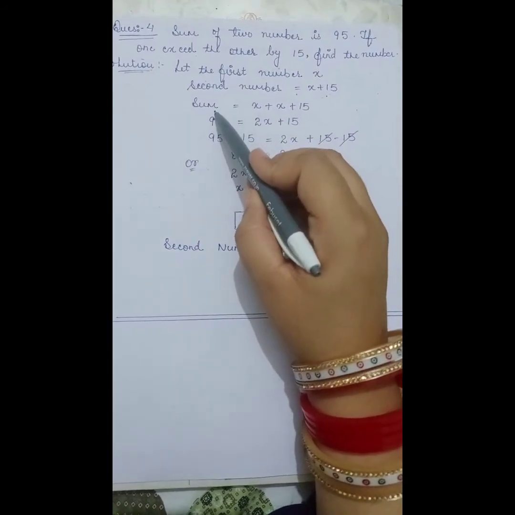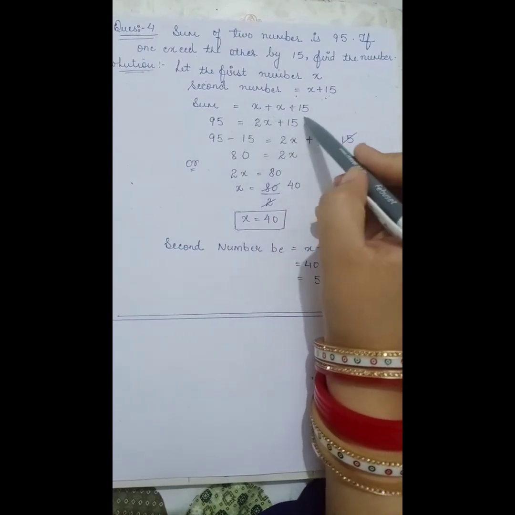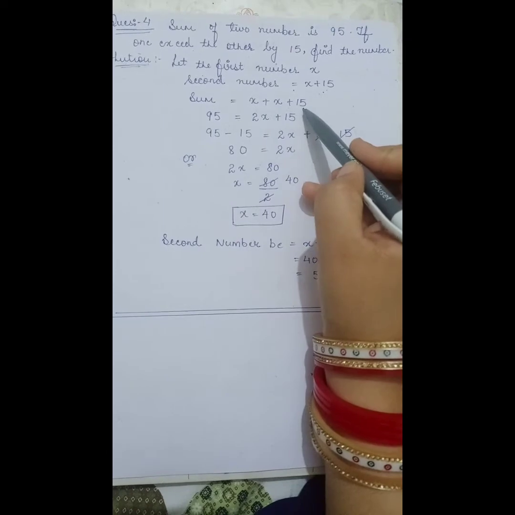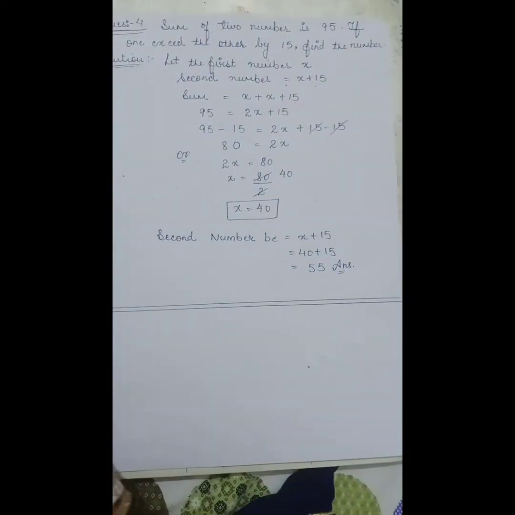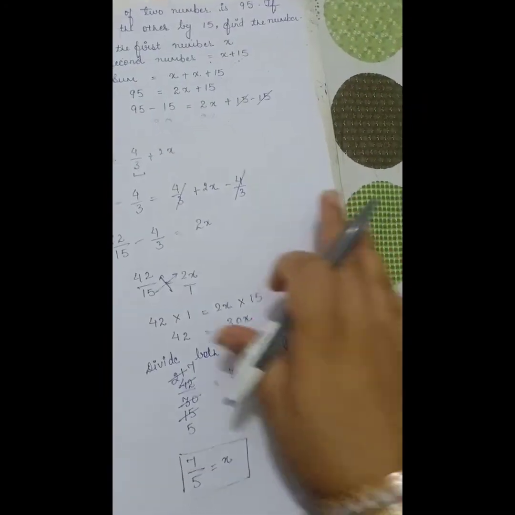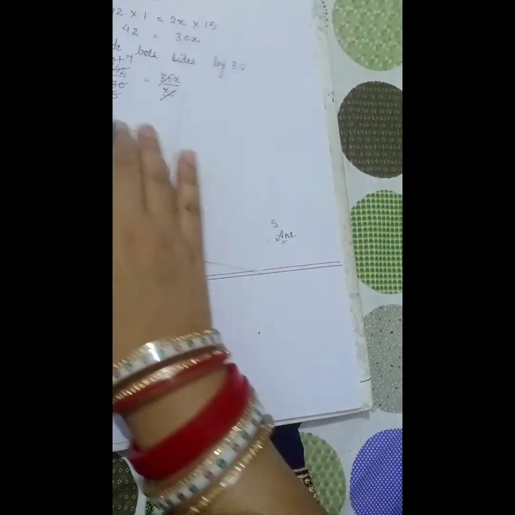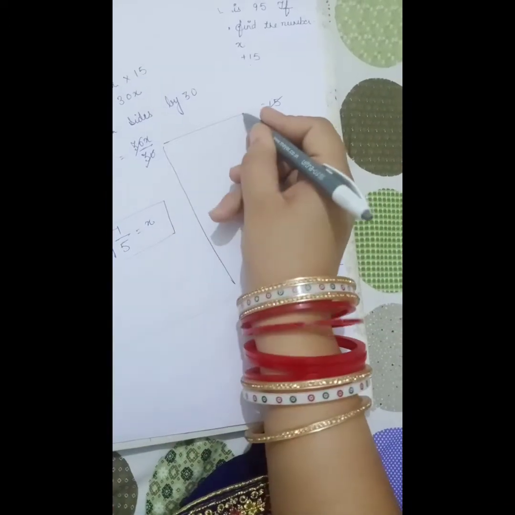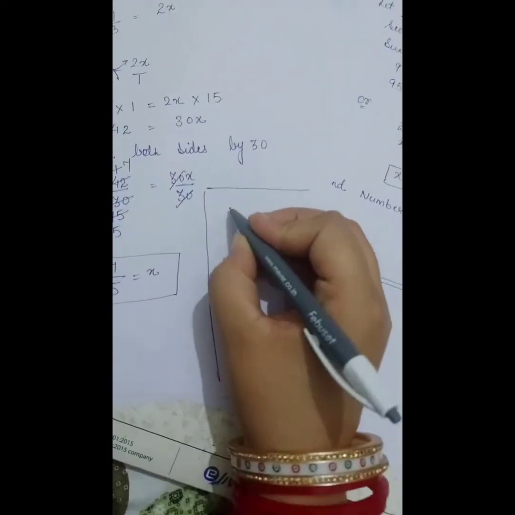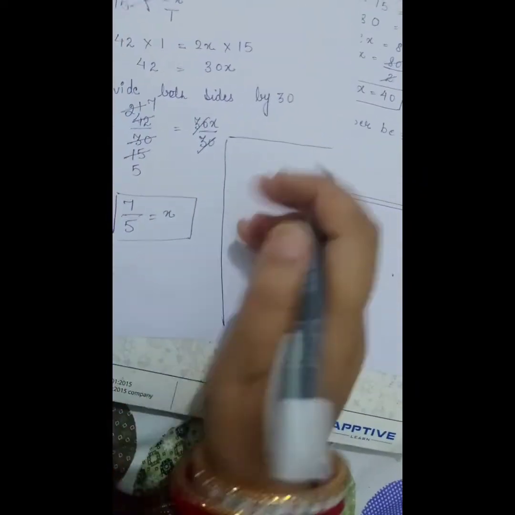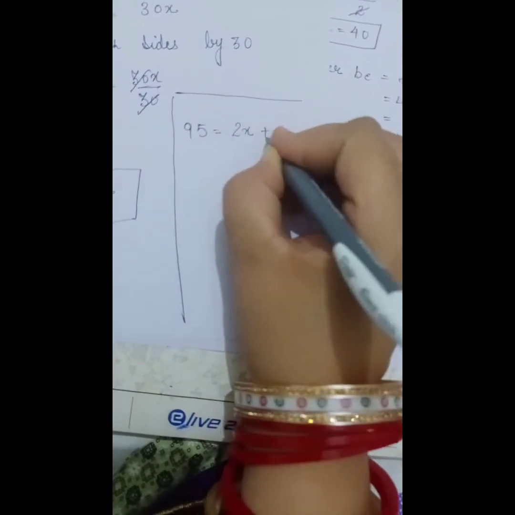Now the sum of the two numbers, 95, is equal to, so you have to add these numbers now. x plus x plus 15. 95 is equal to x plus x, 2x, plus 15. Now I'm going to solve this. What was the equation? 95 is equal to 2x plus 15.